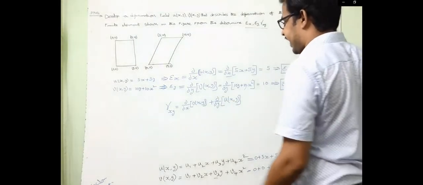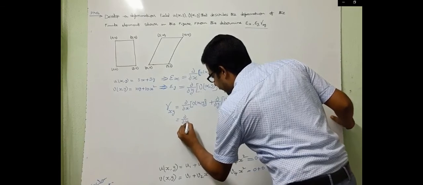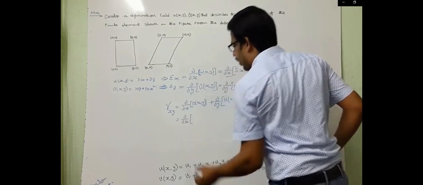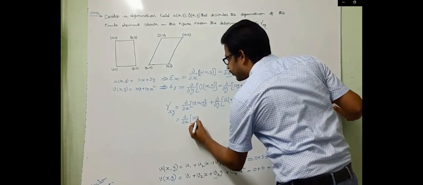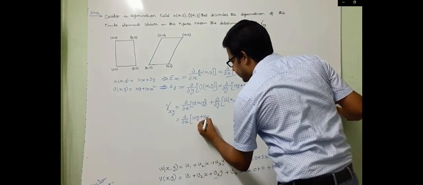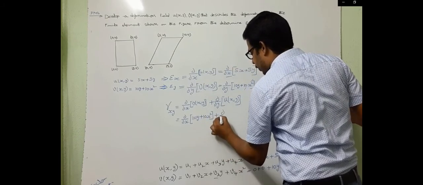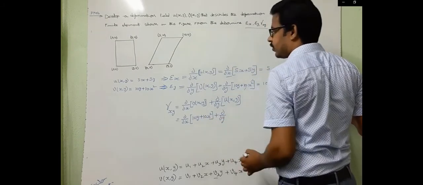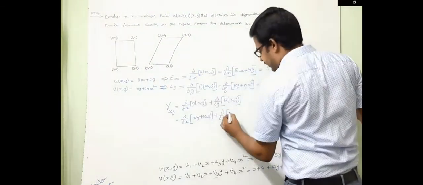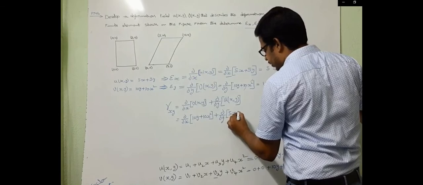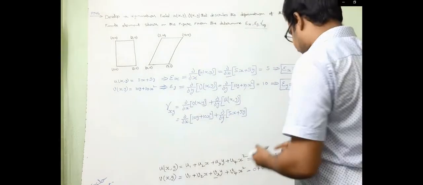So here dou by dou x of v, which is 10y plus 10x square, plus dou by dou y of u, which is 5x plus 5y.